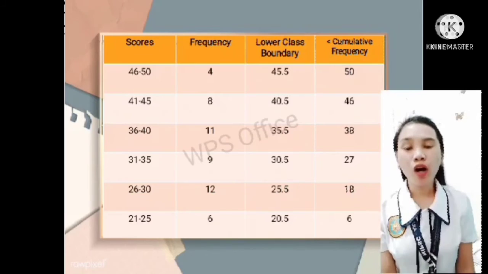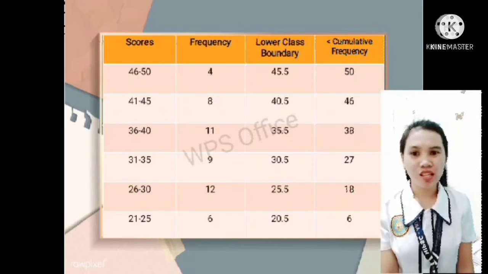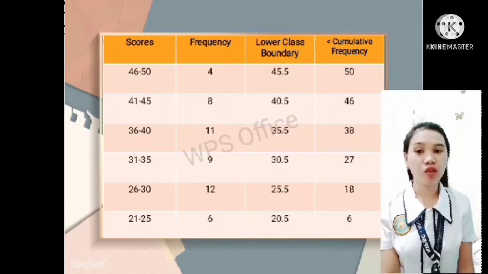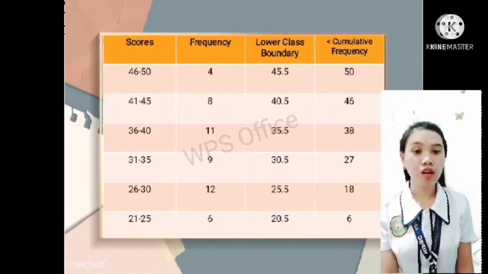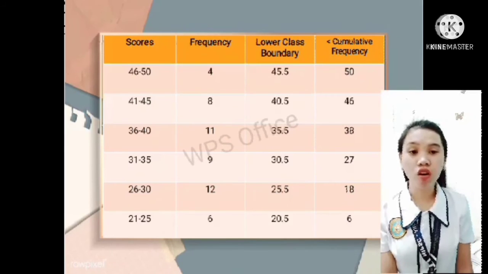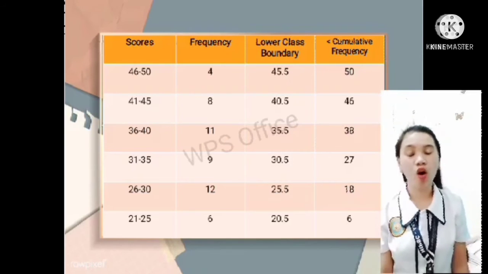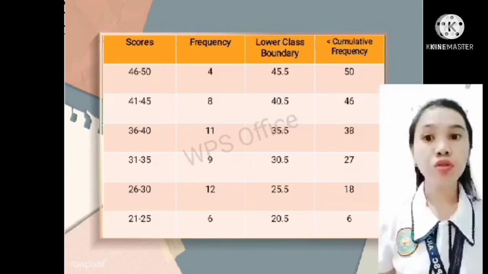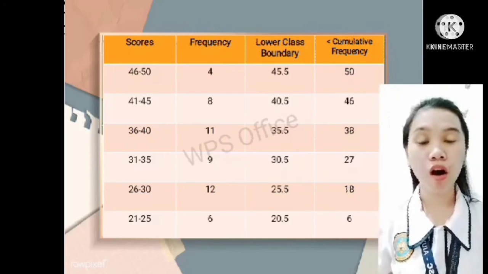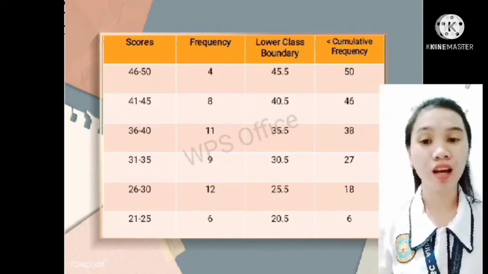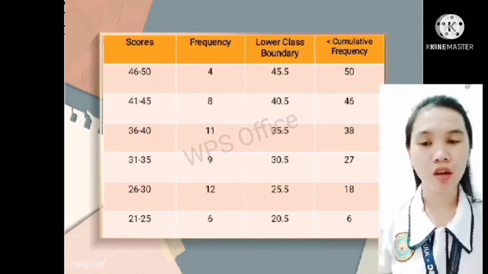How can we identify that the frequency is correct? If we add all the frequencies, the summation is equal to 50 because the number of students is 50. If your total is not equal to 50, there is something wrong with your data. We also have the columns of lower class boundary and less than cumulative frequency.